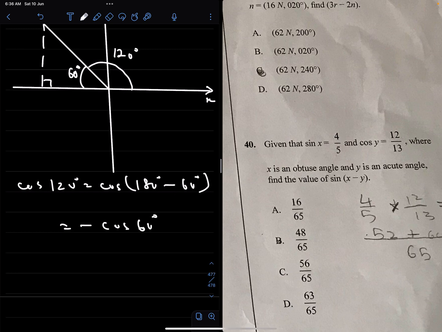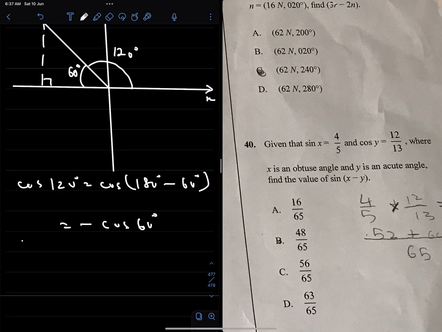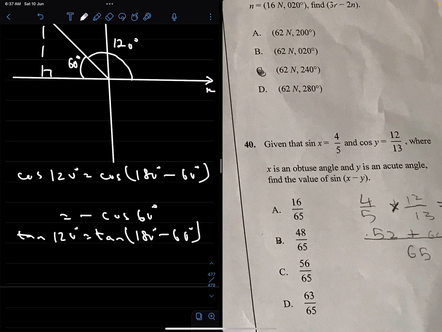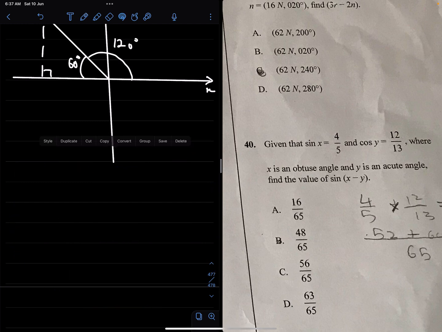So that's how you find the trig ratio of an obtuse angle, any angle in the second quadrant, in terms of an acute angle. Tan 120 degrees will be the same as tan 180 degrees minus 60 degrees. And I know that tangent is negative in the second quadrant, so that's going to be minus tan 60 degrees.